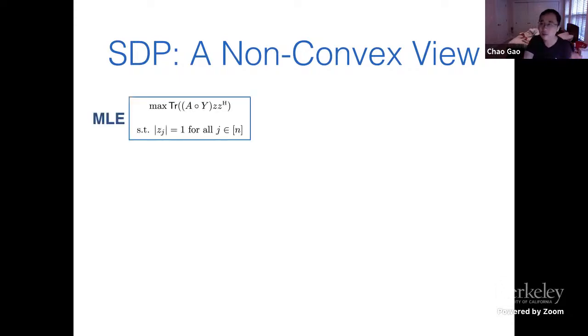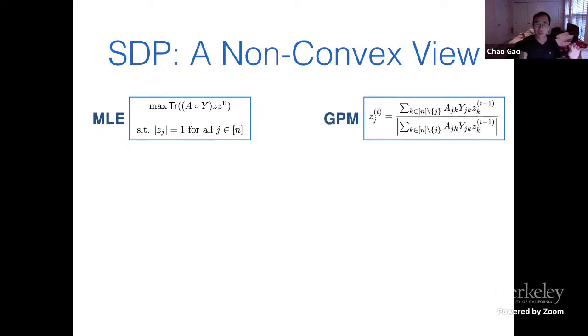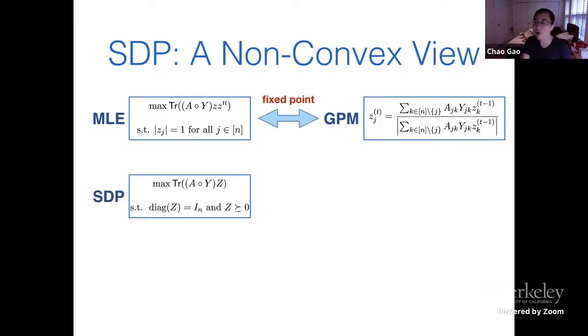So first, let's briefly review what we have for the MLE. This is the optimization problem that we have for the maximum likelihood estimator. And as we saw from the previous slide, the generalized power method characterizes the MLE because the MLE can be regarded as the fixed point of the GPM. For the SDP, there is a similar relation, by observing that the matrix Z is always positive semi-definite.